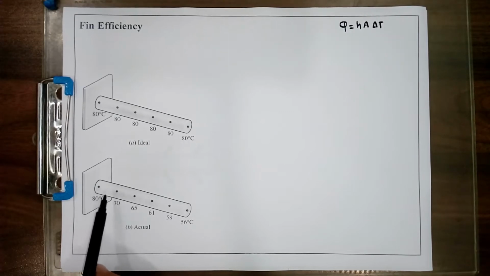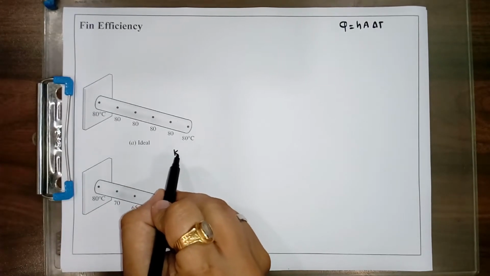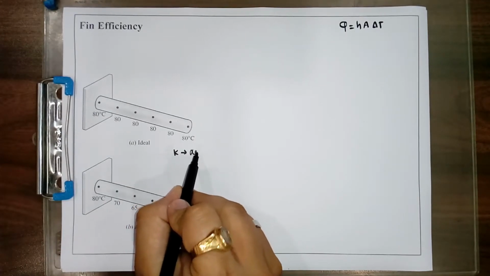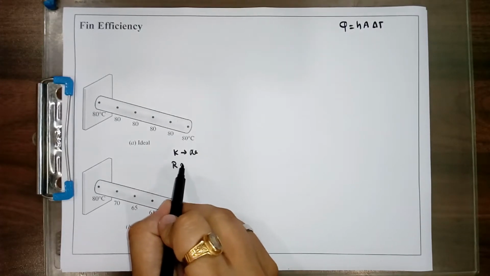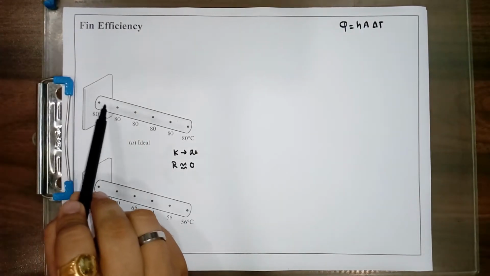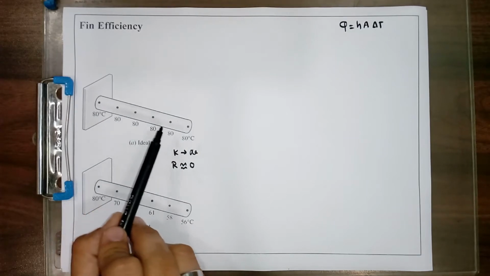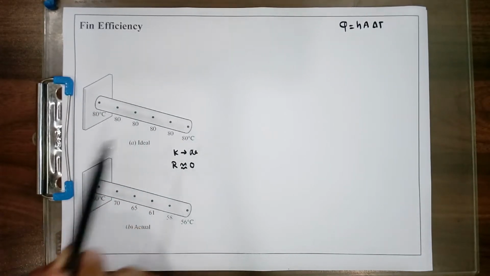So temperature progressively decreases. But if you assume your conductivity k is infinite, it means the thermal resistance is near zero, then the temperature drop on the fin surface becomes zero and you get a constant temperature on the fin surface.